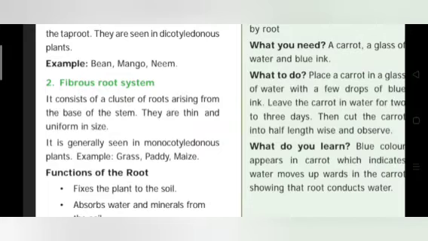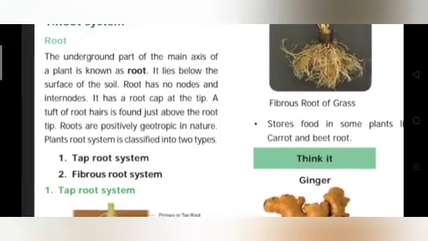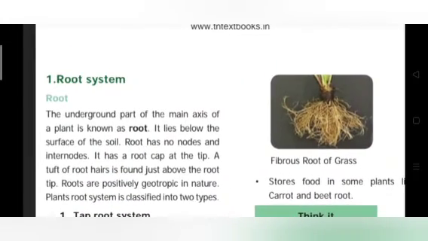It is generally seen in monocotyledonous plants. Look at the pictures shown here. Are you able to see the picture here? Yes. A bunch of roots are present there, isn't it?